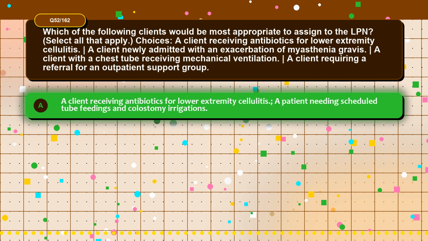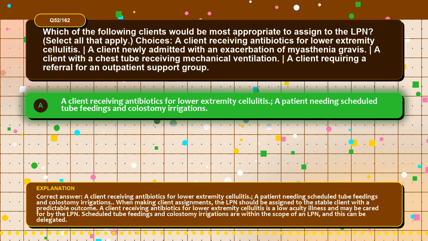The correct answer is option A, a client receiving antibiotics for lower extremity cellulitis, and a patient needing scheduled tube feedings and colostomy irrigations.